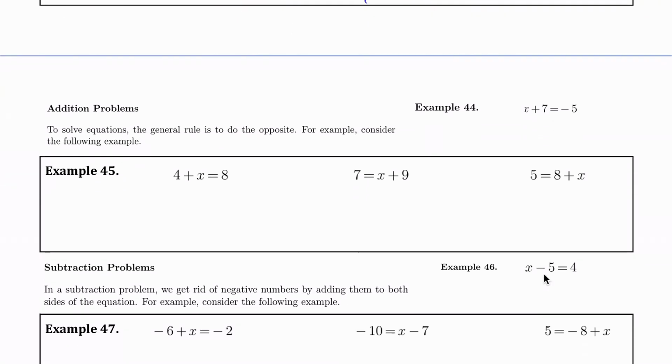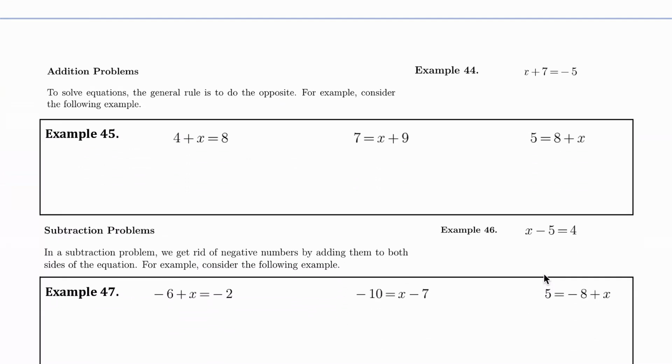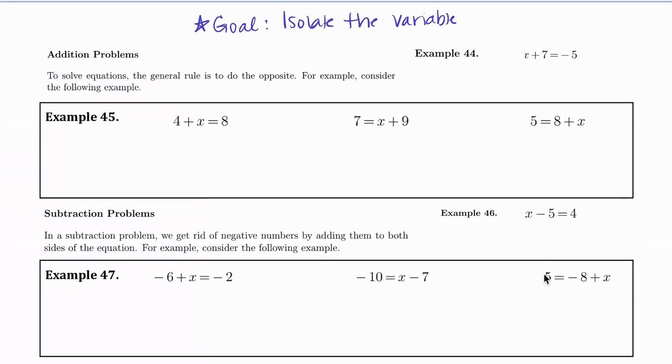Okay, so let's talk about how to actually solve these. We're going to look first just at one-step equations where we only have to do one thing to solve them, one thing to isolate the variable. When we are solving equations, our goal is always to isolate the variable. We want to get the letter alone. And to do that, we're going to use what are called inverse operations.